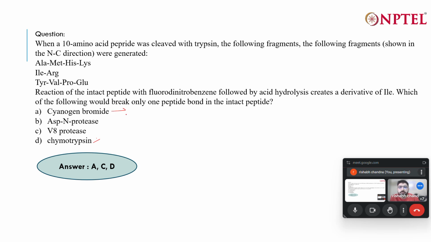Cyanogen bromide breaks the peptide bond after methionine. So here is the methionine, and here only one peptide bond will be broken. So this is the correct answer.